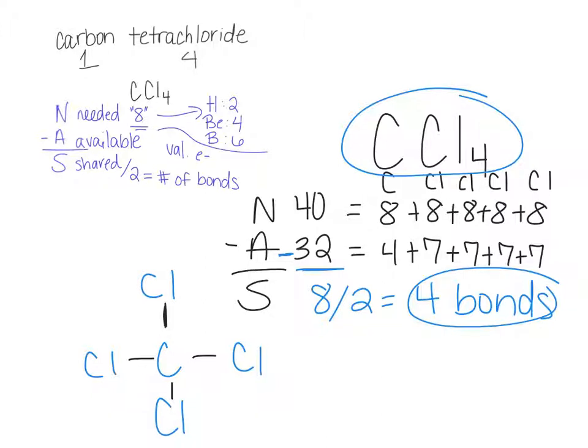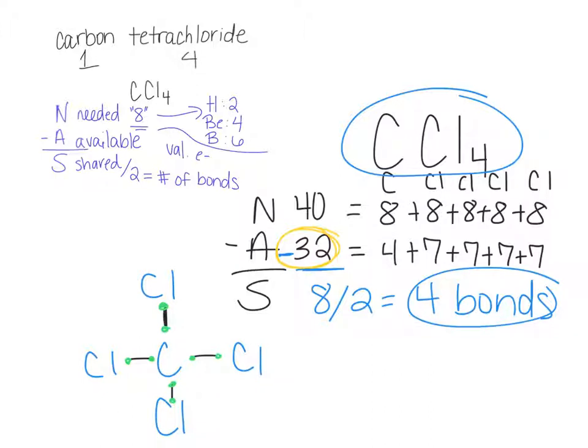So I'm going to refer to this number right here, my available. My picture has to have 32. But remember, each of these bonds counts for 2 electrons. So when you go to count it, you would be saying 1, 2, 3, 4, 5, 6, 7, 8.